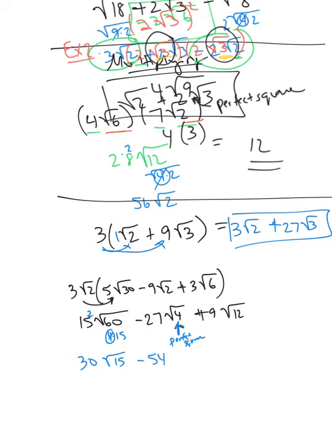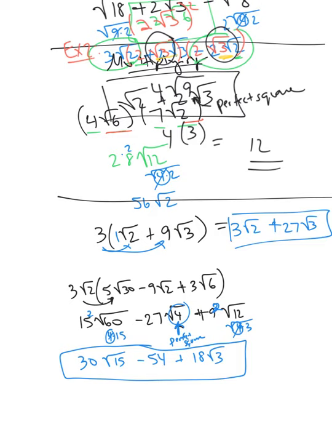There's no more radical because this was all rational. And then plus, and 12 contains a perfect square, 4. So 4 times 3, square root of 4 is 2. 2 times 9 is 18. So I have 18 radical 3. And this doesn't contain any like terms because you have radical 3, radical 15, and then a constant 54 that doesn't have a radical. So your final answer is just those 3 terms. It's a trinomial.